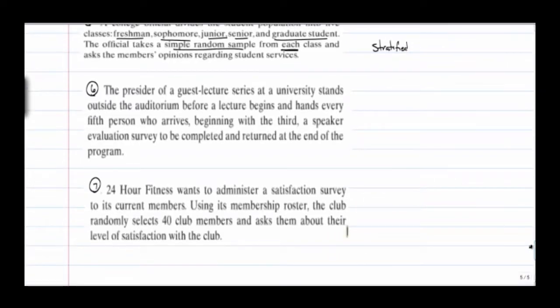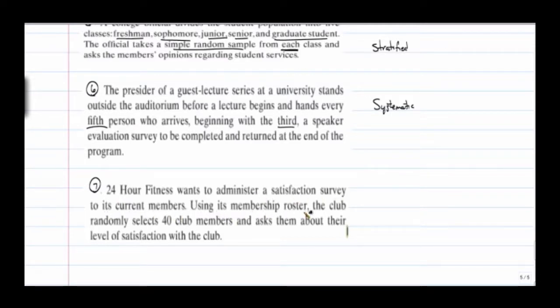The president of a guest lecture series at a university stands outside the auditorium before the lecture begins and hands every 5th person who arrives, beginning with the 3rd, a speaker evaluation survey to be completed and returned at the end of the program. This would be systematic. 24 Hour Fitness wants to administer a satisfaction survey to its current members.